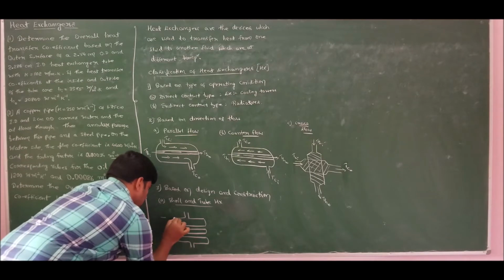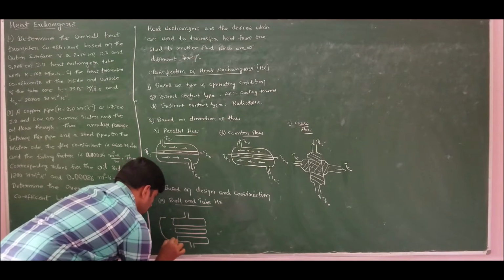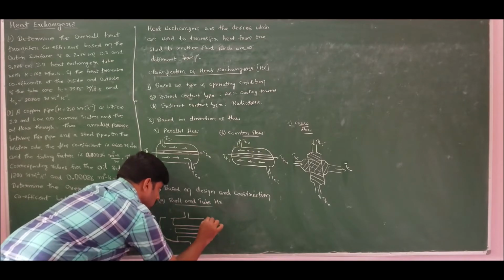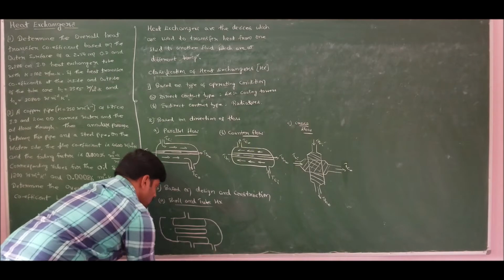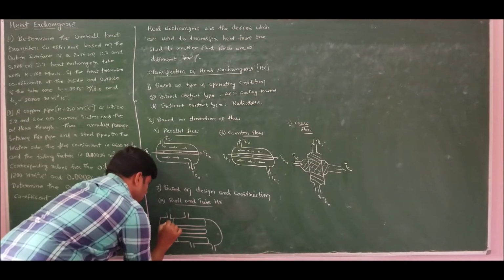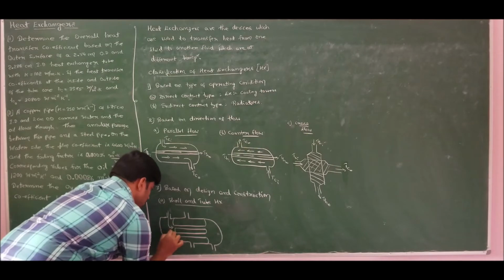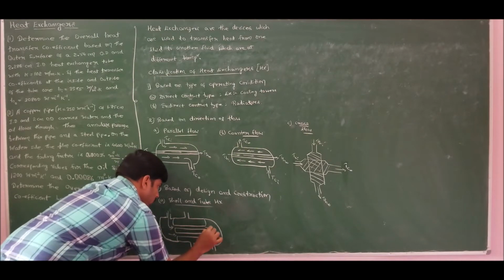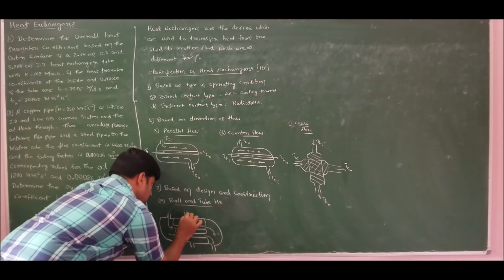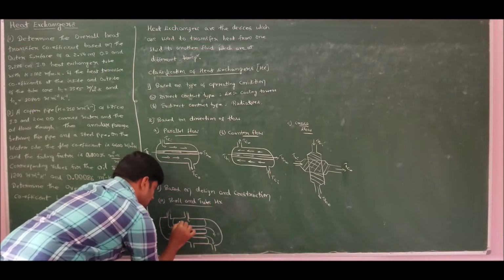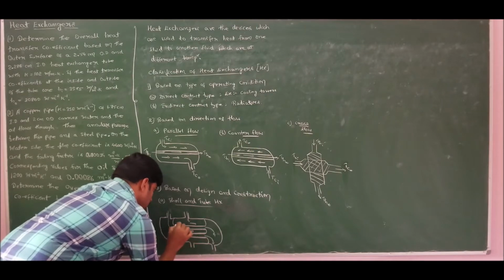And also let us have the entry for the tube. Like this, if I consider. So inside the tubes we have one fluid flowing, whereas inside this shell we have another fluid flowing.